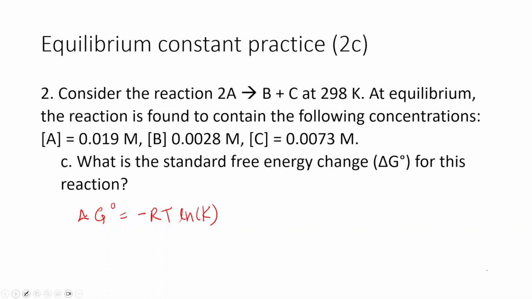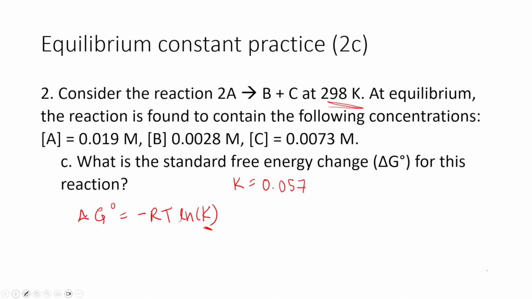All right, so do we have everything we need to start solving this equation? So we have the temperature, right? That's T, 298 K. We have K, the equilibrium constant, because we solved for that on the last slide. So K is 0.057.